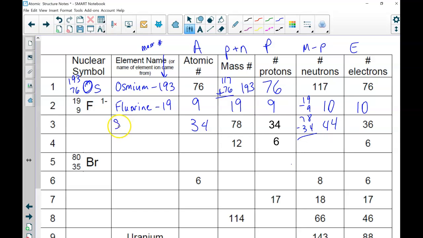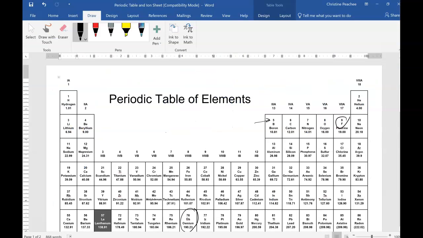So we're going to do selenium-78. Remember, the number after the dash is the mass. So we're going to do Se, Miss America, mass number on top, and atomic number on the bottom. Okay.